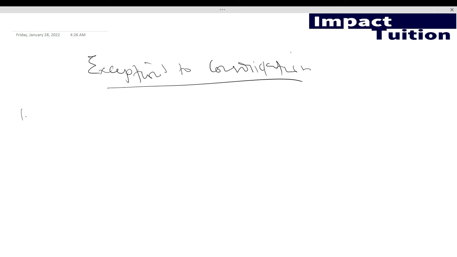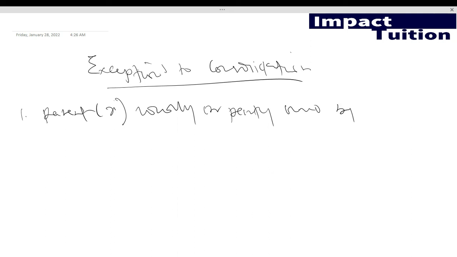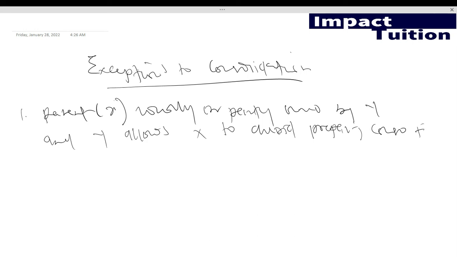So, the parent, say X, is wholly or partly owned by Y, and Y allows X to avoid preparing consolidated financial statements.